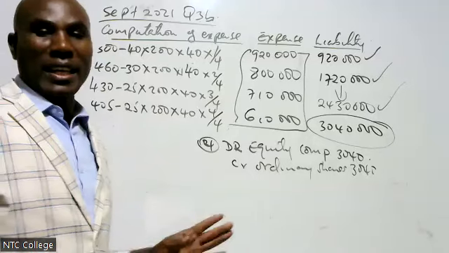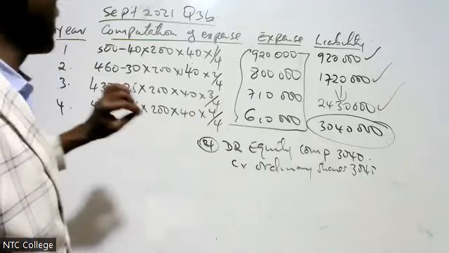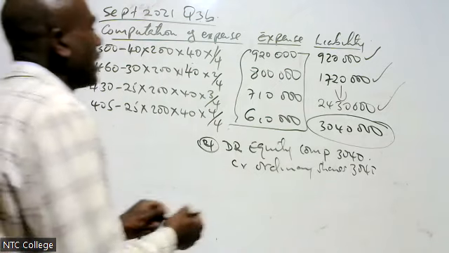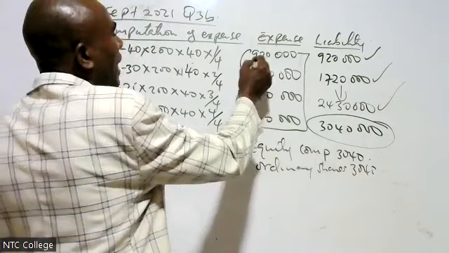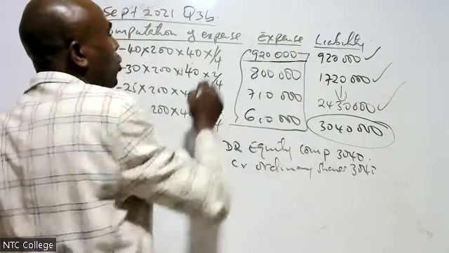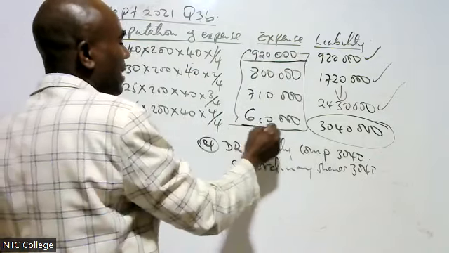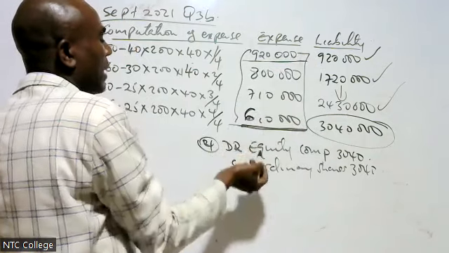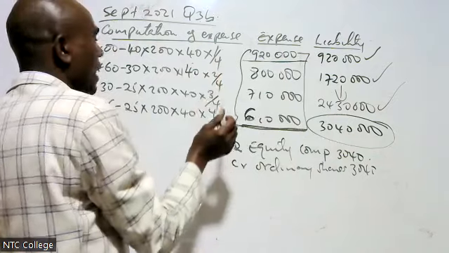Now, as you can see here, I was saying the importance of an estimate. Listen very carefully. In year 1, I'm recognizing an expense of 920. But when I come to the last year, the expense has reduced to 610 because a number of employees have already left.